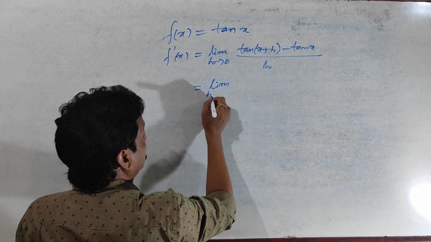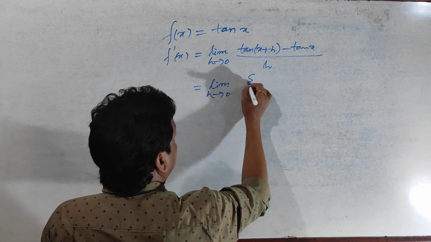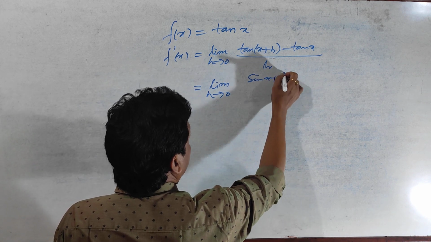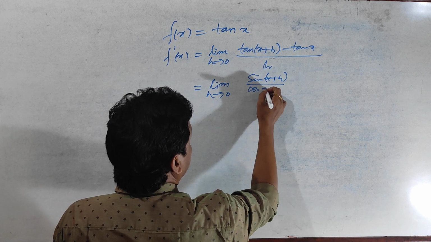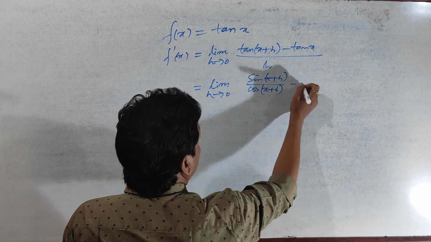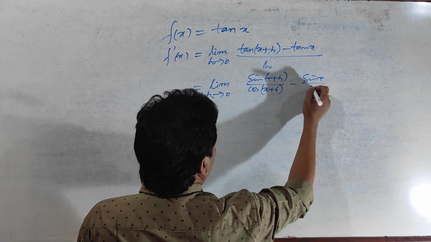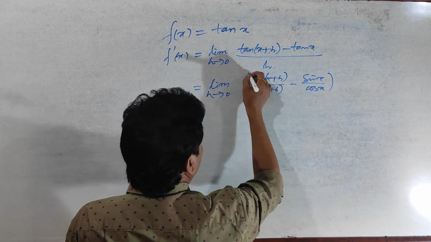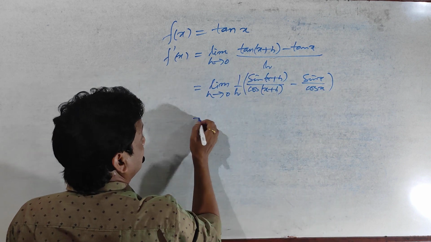Sin of x plus h by cos of x plus h minus sin x by cos x, whole into 1 by h.